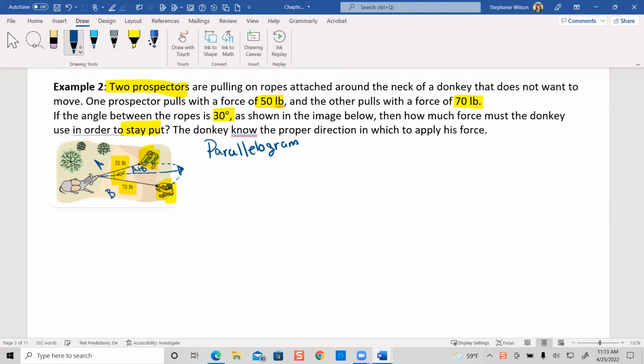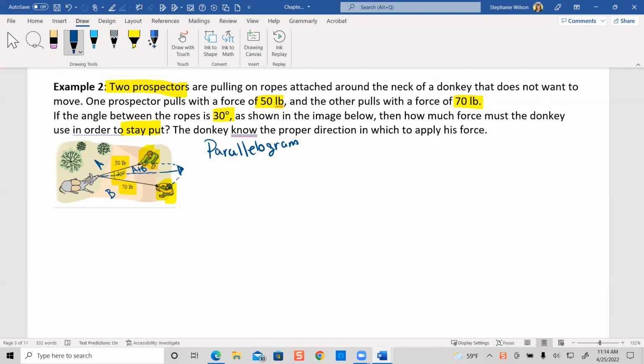The parallelogram law states that one force acting along the diagonal of the parallelogram with the magnitude equal to the length of the diagonal has the same effect as the two forces that form the parallelogram. So let the force exerted by the top prospector, 50, be the magnitude of vector A, and that's what I did.